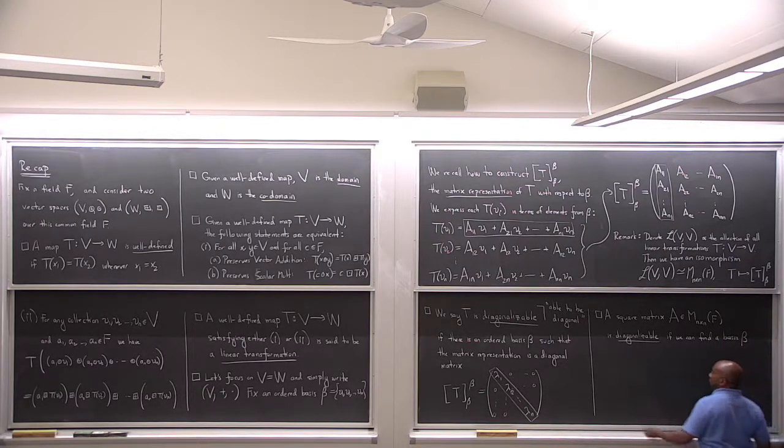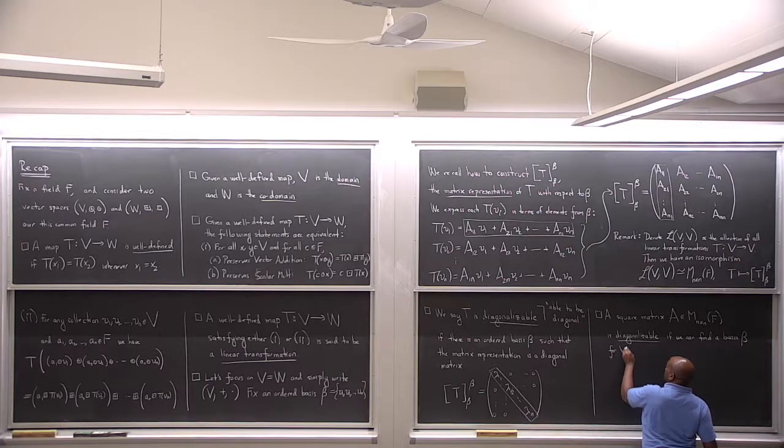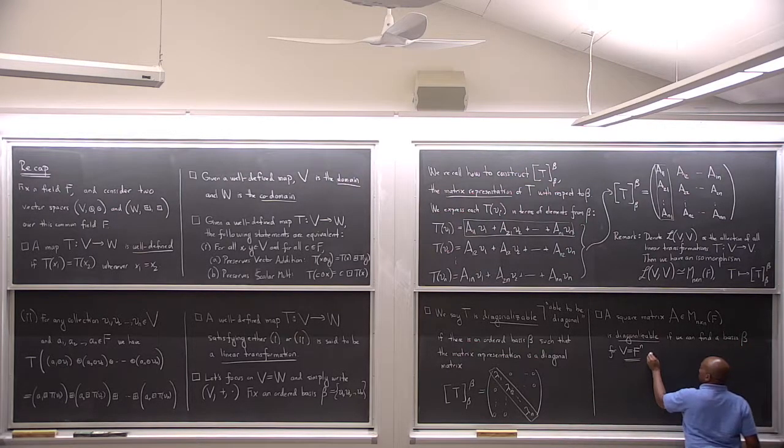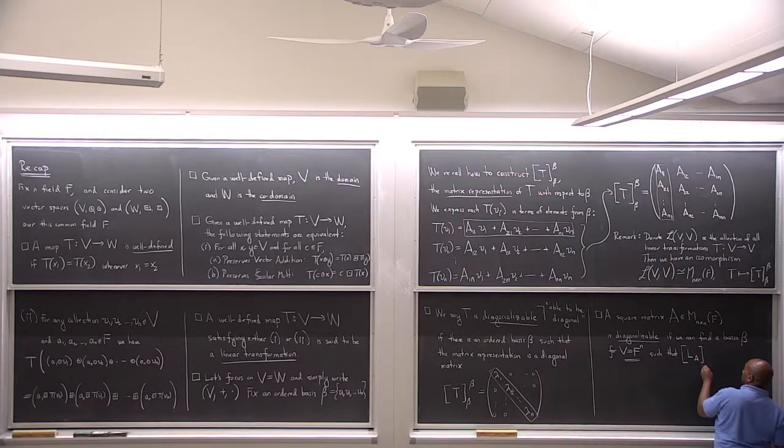In this case, our V is very specifically Fn, right, because in this case we're dealing with the matrix. Such that now the left multiplication by a matrix should be diagonal. So you can think of this as, we'll say that a matrix is diagonalizable if the left multiplication by A map is diagonalizable.